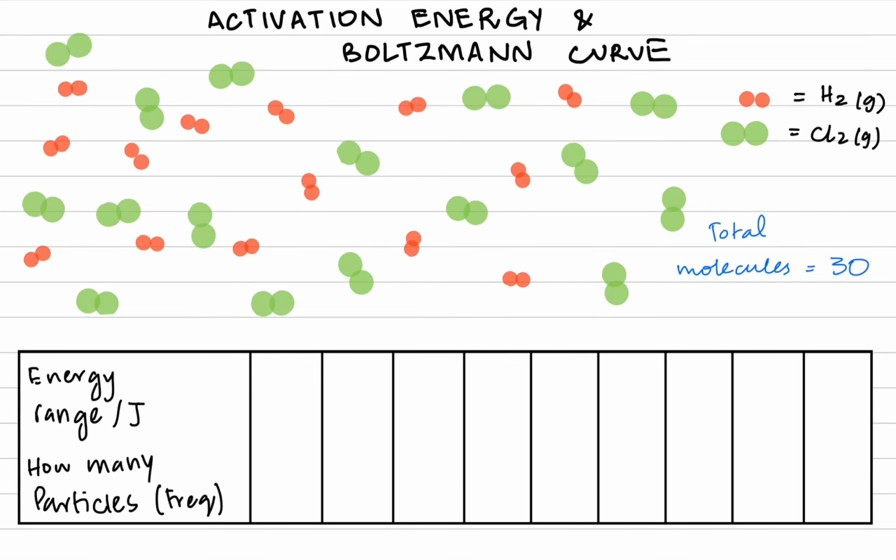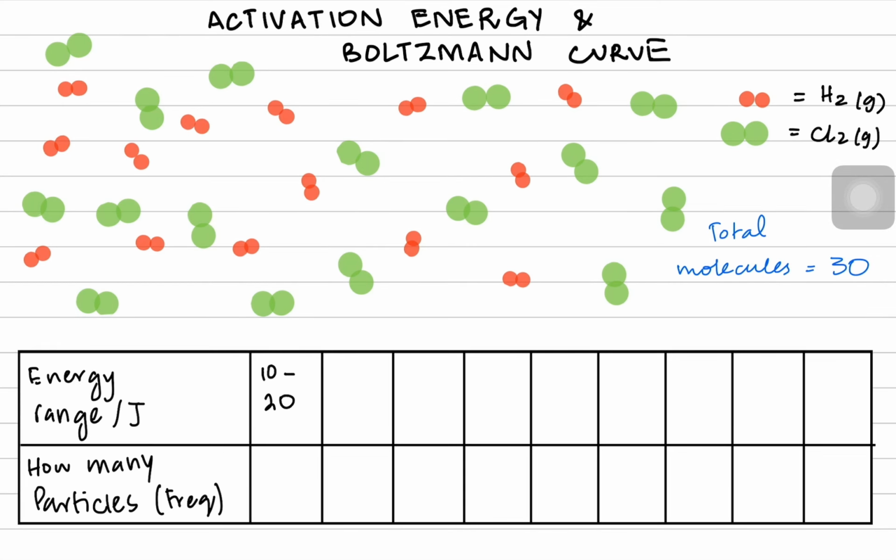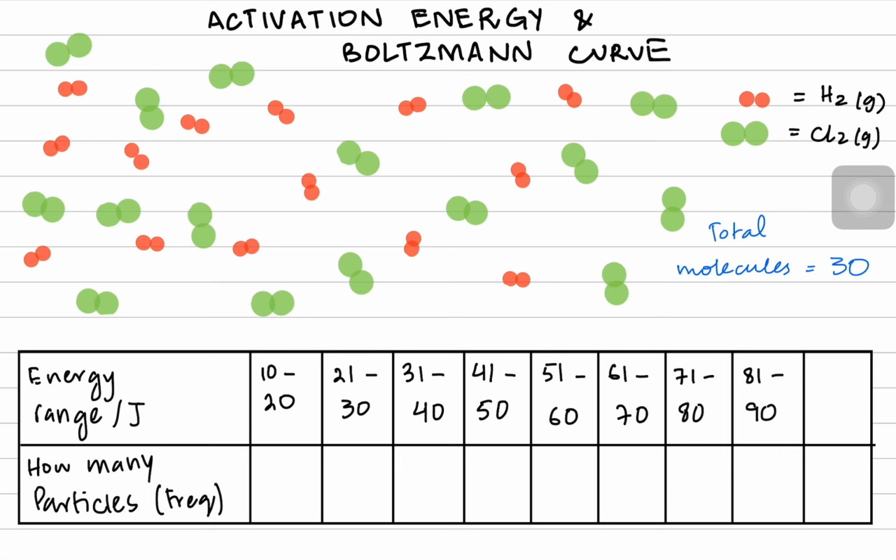It is like basic statistics here. Imagine I'm talking about 10 to 20 joules, 21 to 30, then 31 to 40, then continuously I am making a range of energy like 71 to 80 joules, 81 till 90 joules, and 91 till 100 joules.